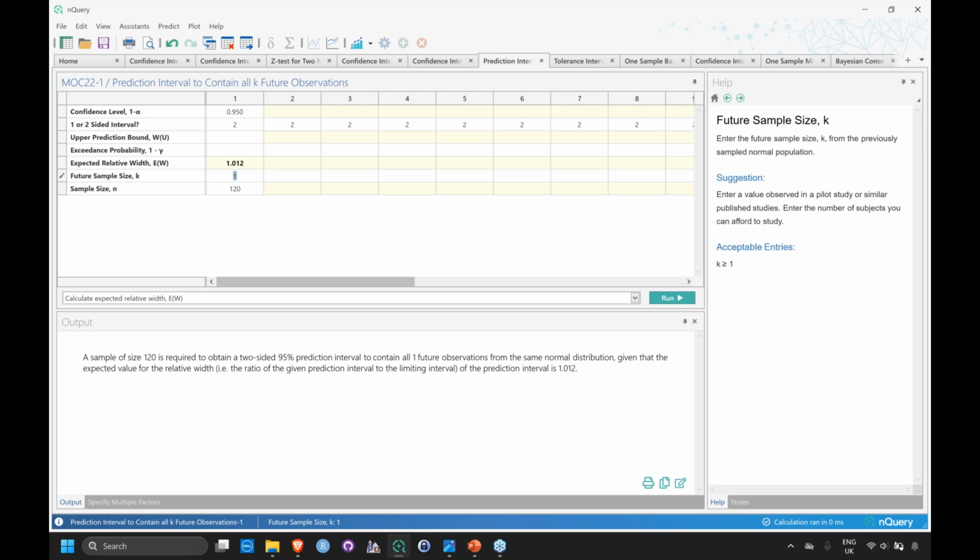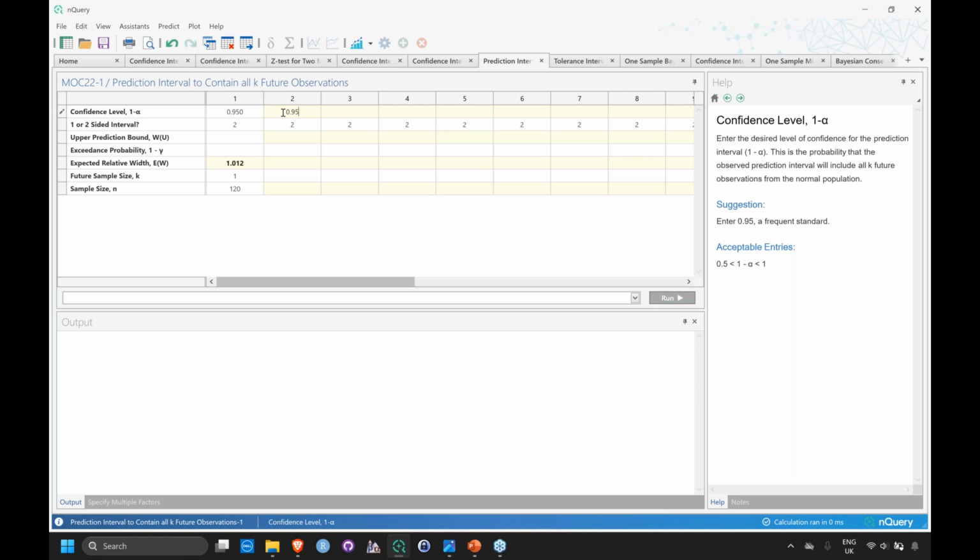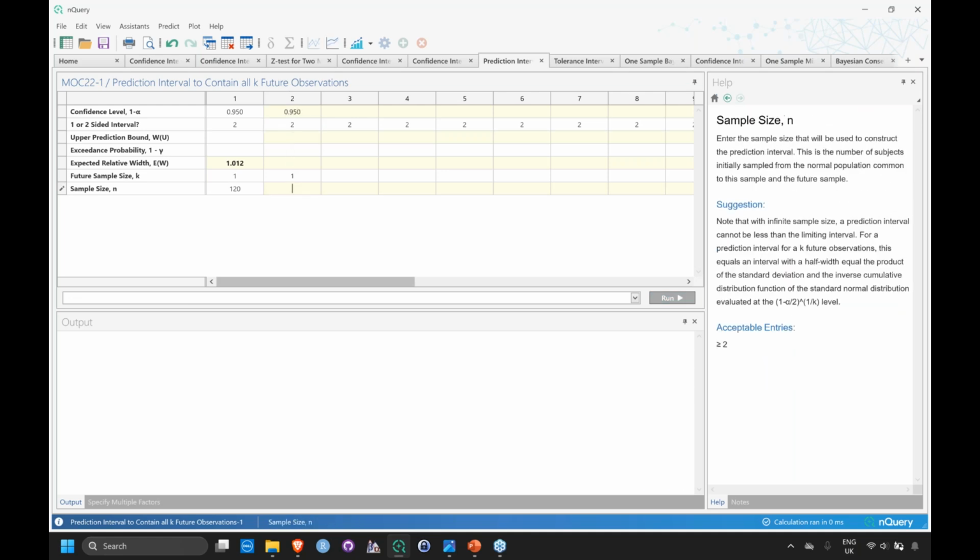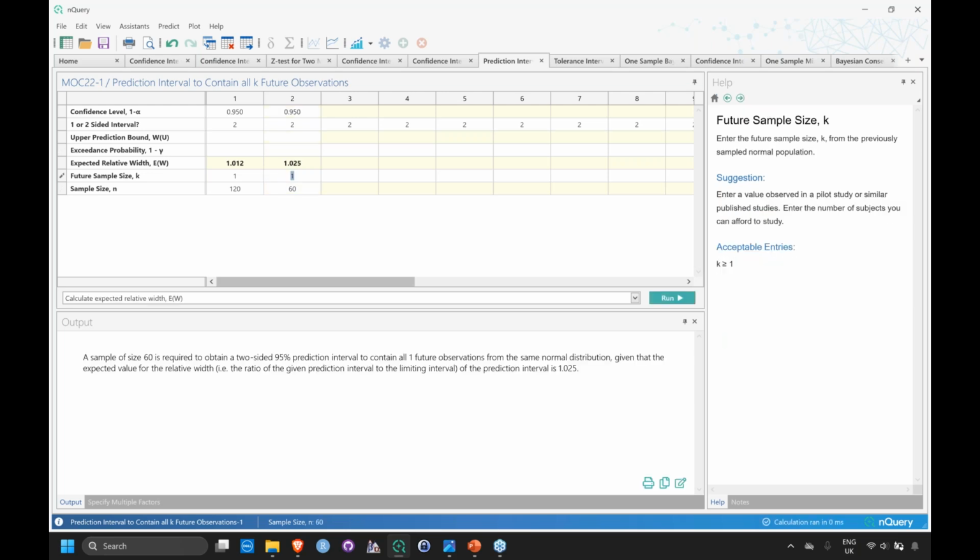In other words, that's 1.2% larger than that of the smallest achievable prediction interval, which is what was stated. Now, let's do the same thing with the gender groups, which had a sample size of 60 each. And this time, the expected relative width was 1.025, a 2.5% increase, again matching what we saw in the previous slide.